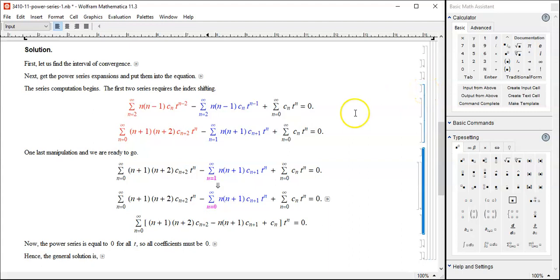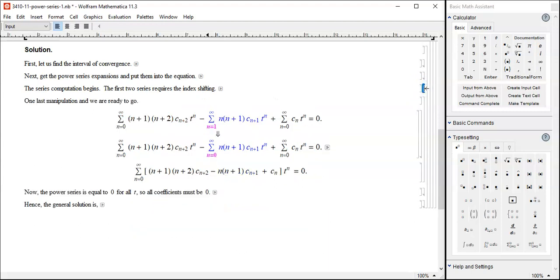You don't have to worry too much about the starting points. Now, if you apply the power series method at singular points, then that could be a problem. And that's something we are going to discuss in the next lesson, next week. At this moment, let's just keep to ordinary points, so you don't really have to worry about this kind of thing. Always make everything start from n equals 0, no problem there.